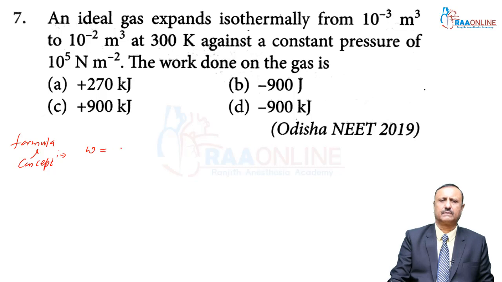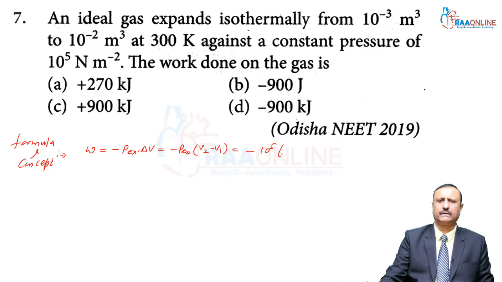He asks the work done, W equals minus P external into delta V. Now my dear students, you can see here that it is minus P external into V2 minus V1, and you can put the values. Pressure is given as 10 to the power 5 Newton per meter square, and the volume is 10 to the minus 3 to 10 to the power minus 2.